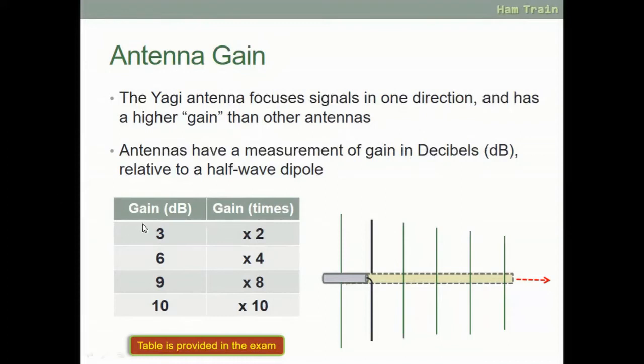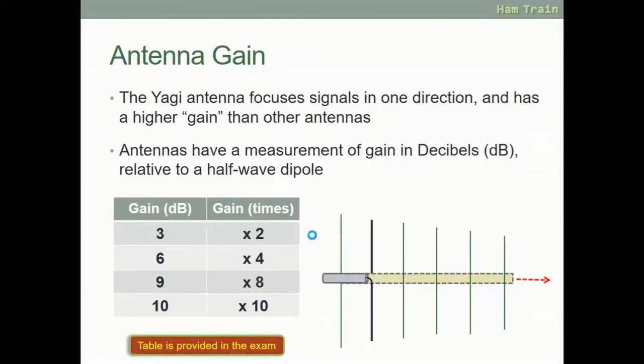This table will be provided in your exam, but it is an important table because when you're trying to work out the amount of power leaving your antenna, it's useful to refer to this, and I'll show you why in a minute. So if you have a gain of 3 decibels, that's twice the power leaving.